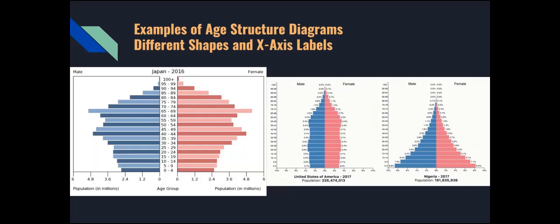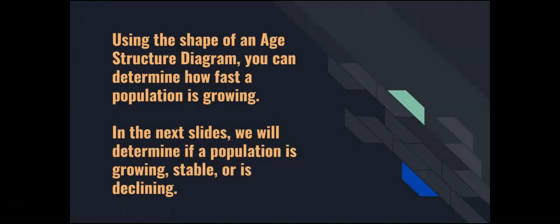So each group is shown in the exact number of people that are there, whereas in the United States here and Nigeria, they show them as percentages. Now, main point of this is that when you look at the shape of this diagram, you can actually determine how fast the population is going to grow. And in the next few slides, we're going to determine if the population is growing fast, if it's stable, or if the population is actually decreasing.